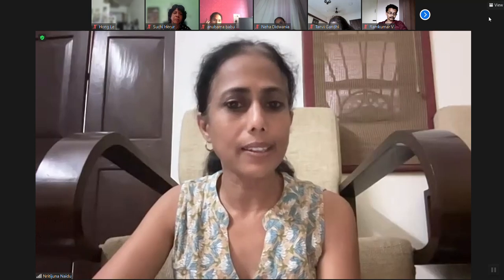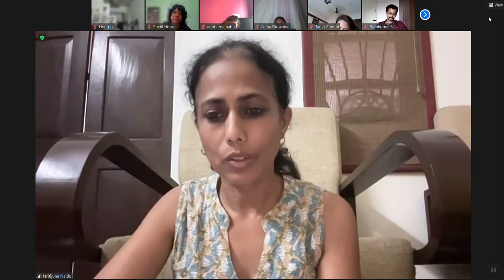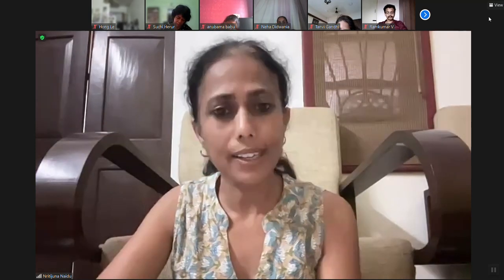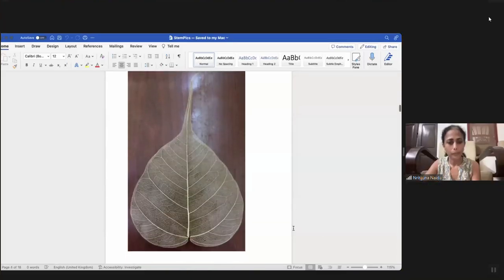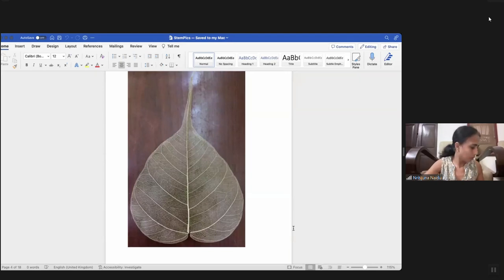Now show a skeletonized leaf. You see this? This is a leaf where only the veins remain.